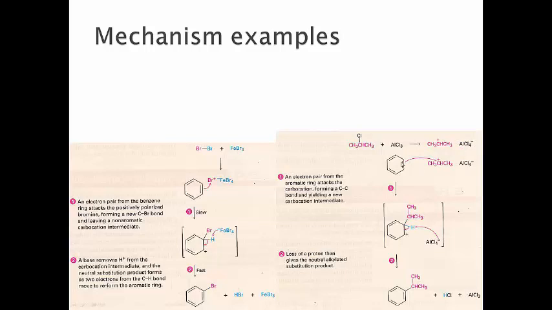So again, breaking those pi electrons, adding on the electrophile. We then have the catalyst that's now negatively charged because it's picked up an extra chlorine, removes that proton, and those bonding electrons kick back into the benzene ring. So we've got our rearomatized compound with our alkyl group added on.